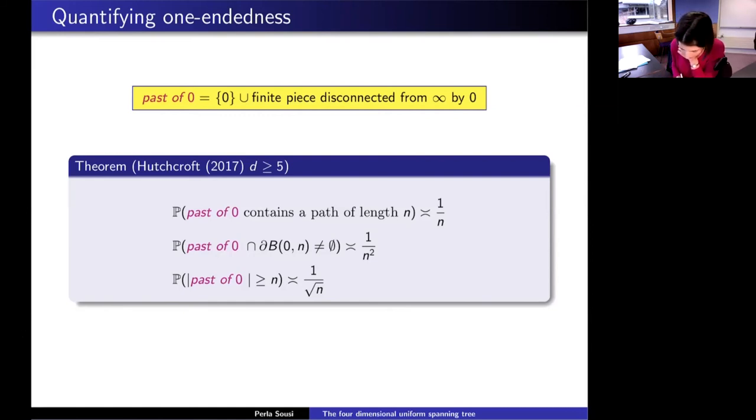And the probability that the size of the past of 0 is at least n grows like 1 over square root of n. Let me just say what I mean by the symbol. I mean that there exist universal constants C1 and C2 so that for every n, this probability is upper bounded by C1 times 1 over n and lower bounded by C2 times 1 over n, and similarly for the other quantities.